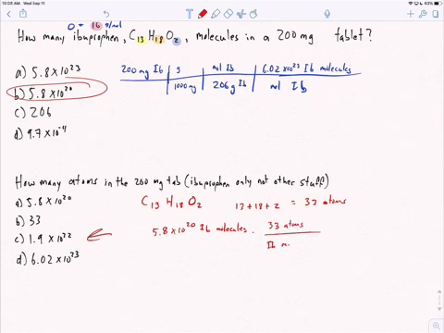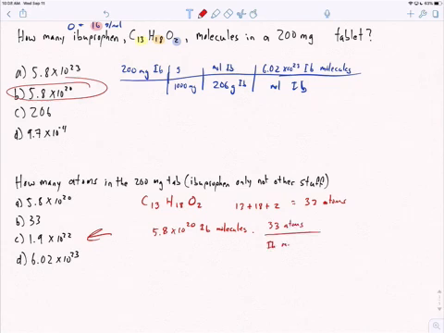If we have this many molecules, and each one has 33 atoms per molecule, you multiply this out, you get close to 1.8 times 10 to the 22nd. Or I guess it's 1.9, without putting it in the calculator properly.